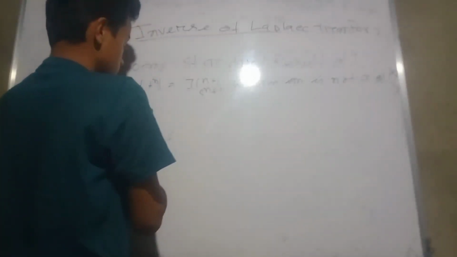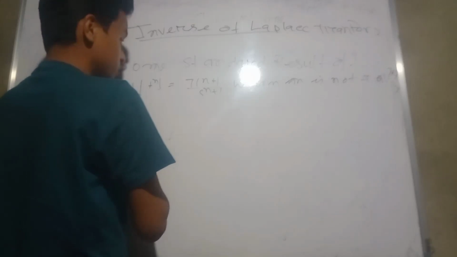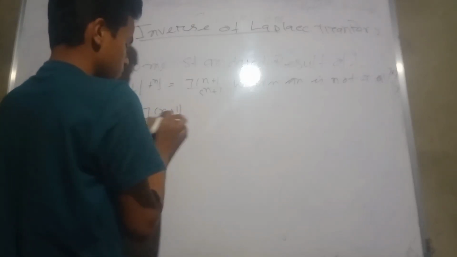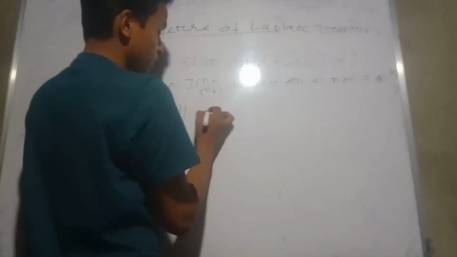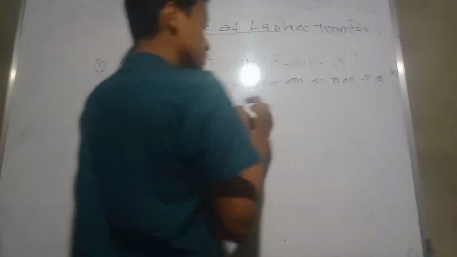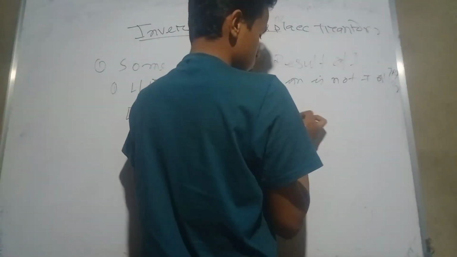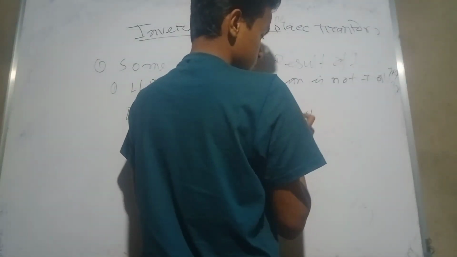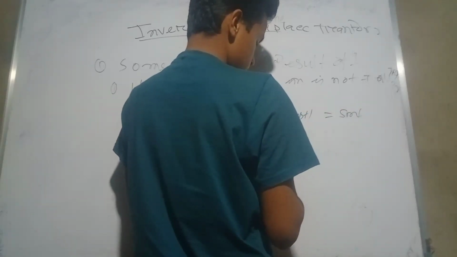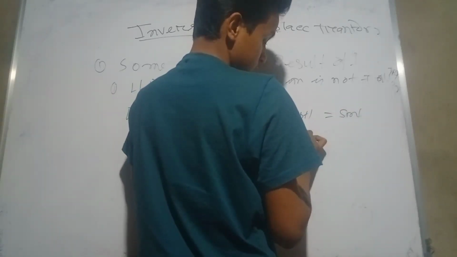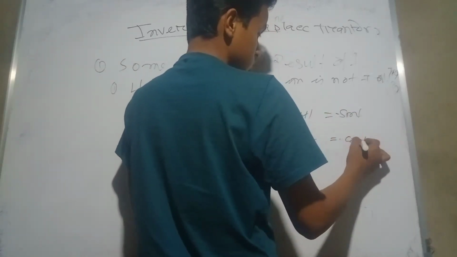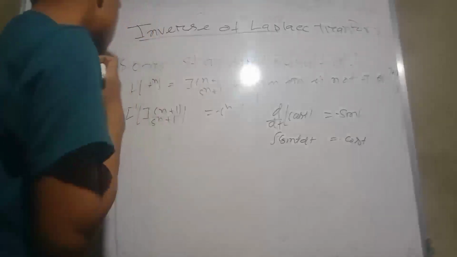So the inverse of gamma of n plus 1 upon s to the n plus 1 is what? t to the n. That is like the function that we have seen in differentiation and integration. If d by dt of cos t equals what? Minus sin t. Okay, so the integration of sin t dt is equal to minus cos t. That is the inverse, that is like that.